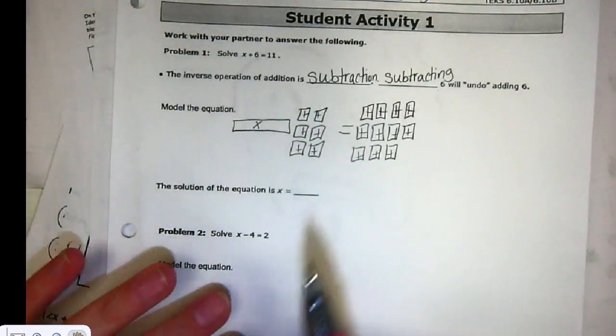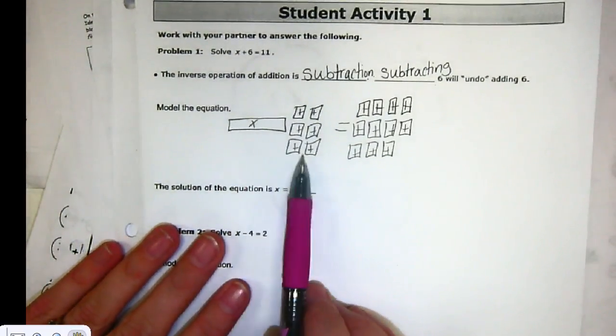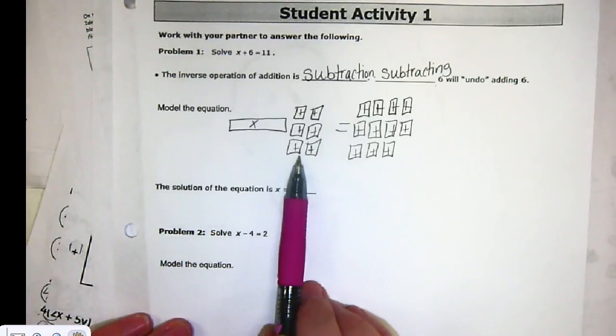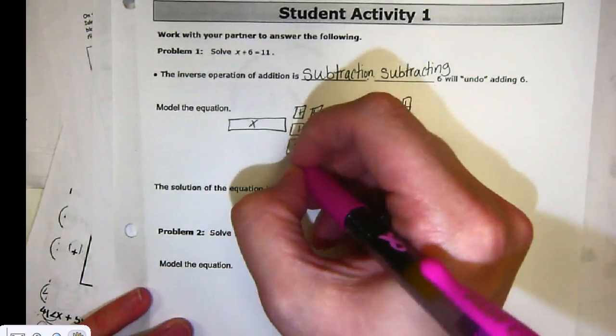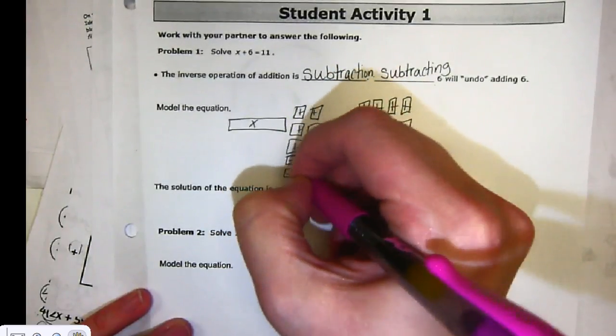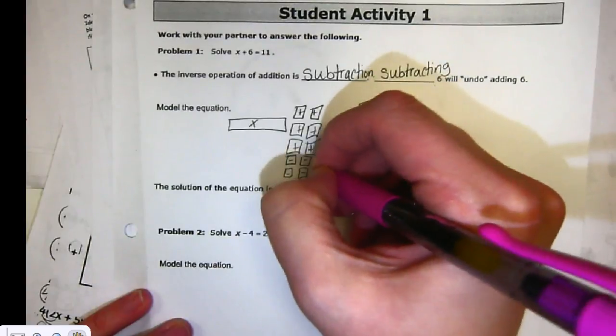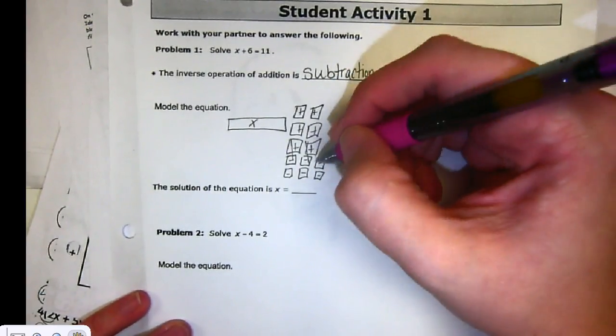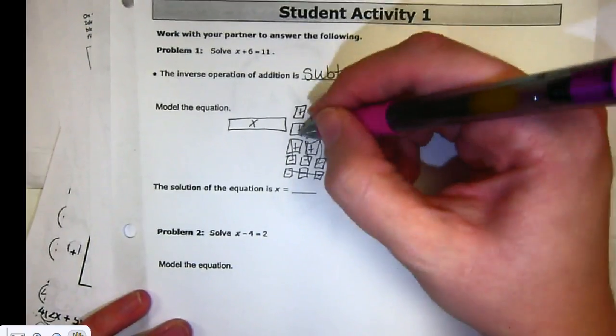Alright, so to do this, you need to isolate your variable. So when you're modeling, you're going to have to add 6 negatives. And now that one goes away, that one goes away, those 3 and 3.